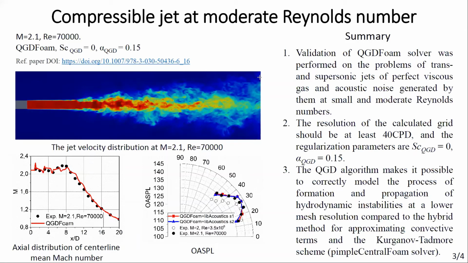The resolution of the grid should be no less than 30-40 cells per diameter. In this picture, you can see that the potential core length of the moderate Reynolds number jet is between 8-10 diameters, and the sonic point in this jet is reached about 20 diameters downstream.